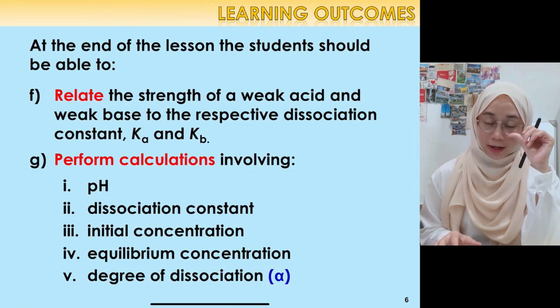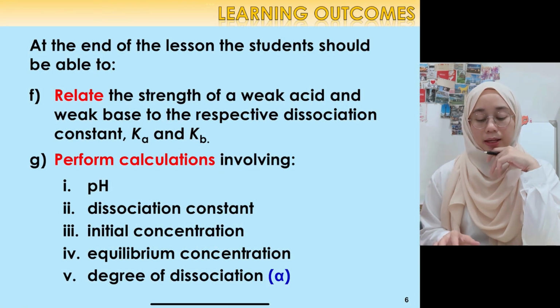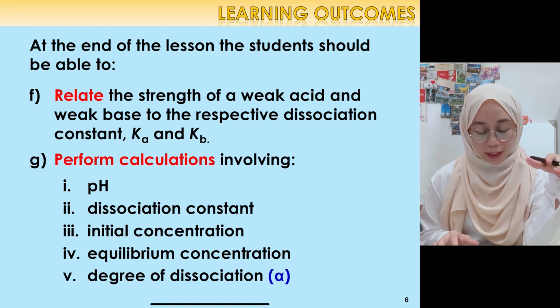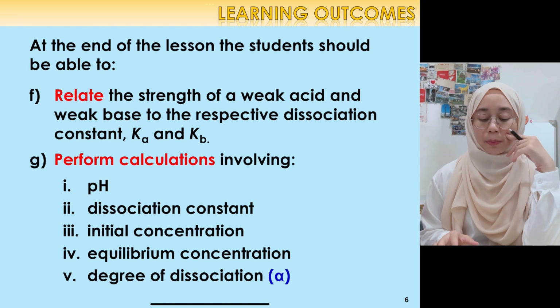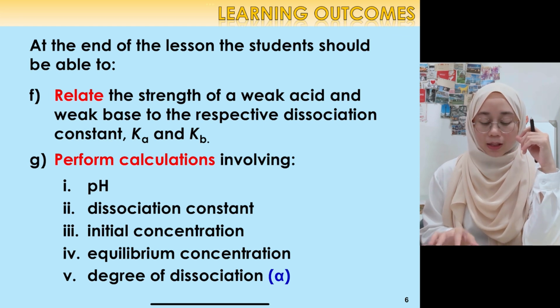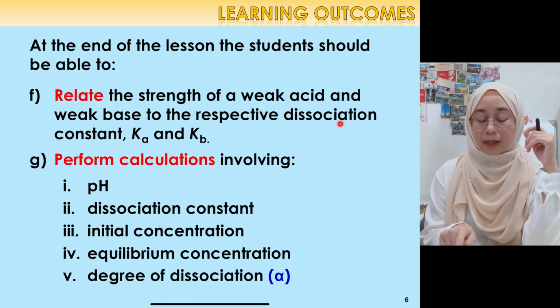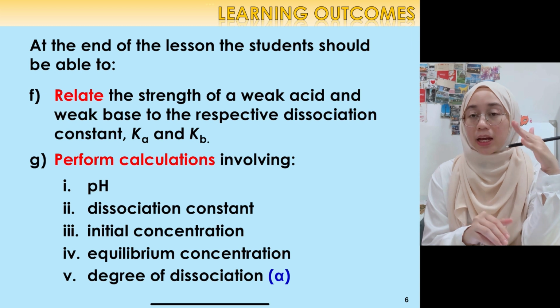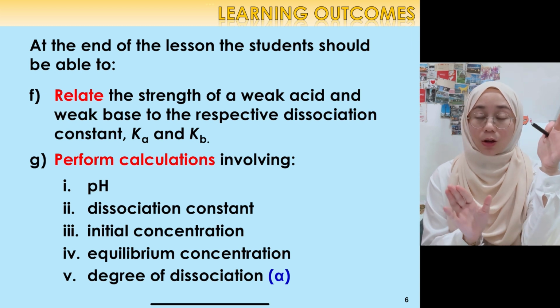Okay, so today the learning outcome for our lesson, we want to see how to relate the strength of a weak acid and also weak base to the respective dissociation constant Ka and Kb. Okay, so Ka and Kb here we call as dissociation constant. Okay, we don't call it equilibrium constant here. Ka, Kb, dissociation constant.